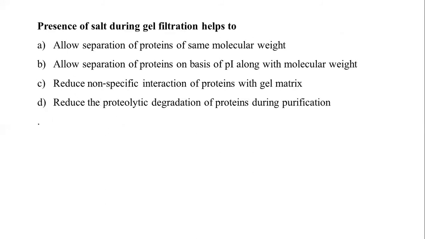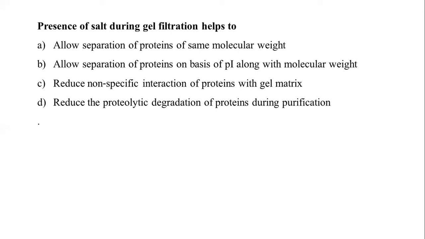The next question would be: the presence of salt during gel filtration helps to. Gel filtration chromatography separates proteins solely on the basis of their molecular size. The purpose of adding salt to the eluent is to minimize the secondary interaction of sample components with the resin.